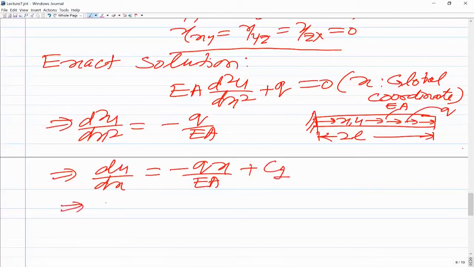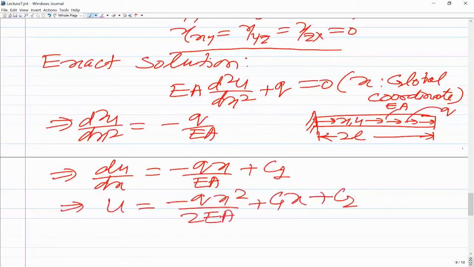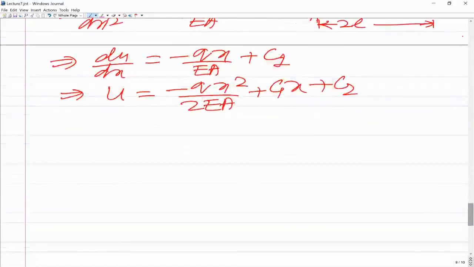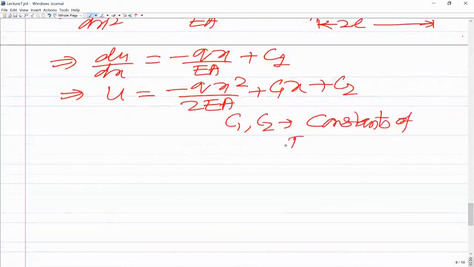And when you integrate once again, you will get u as minus Qx square upon 2EA plus c1 into x plus c2. c1 and c2 are the constants of integration. This is a very simple problem. The exact solution is straightforward. And these constants would be determined from the boundary conditions.